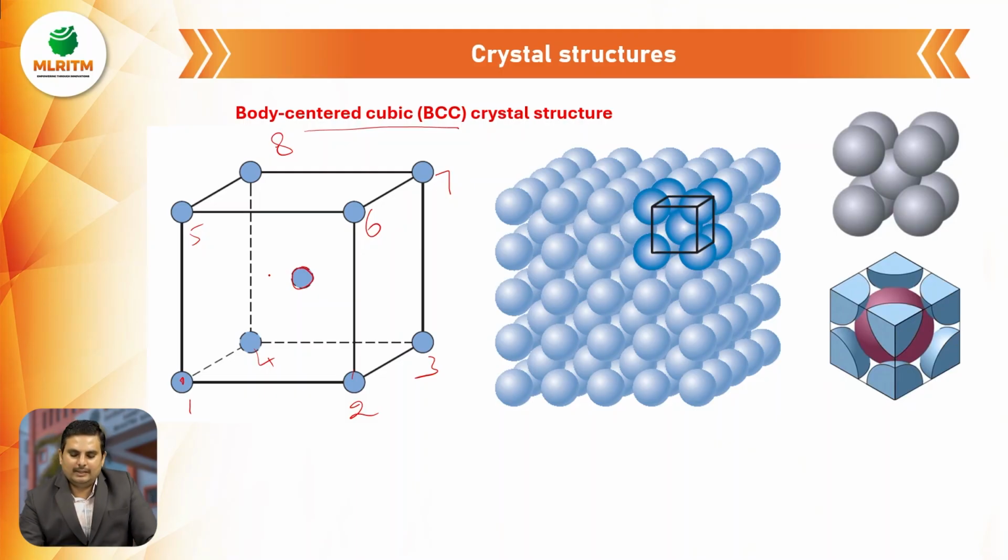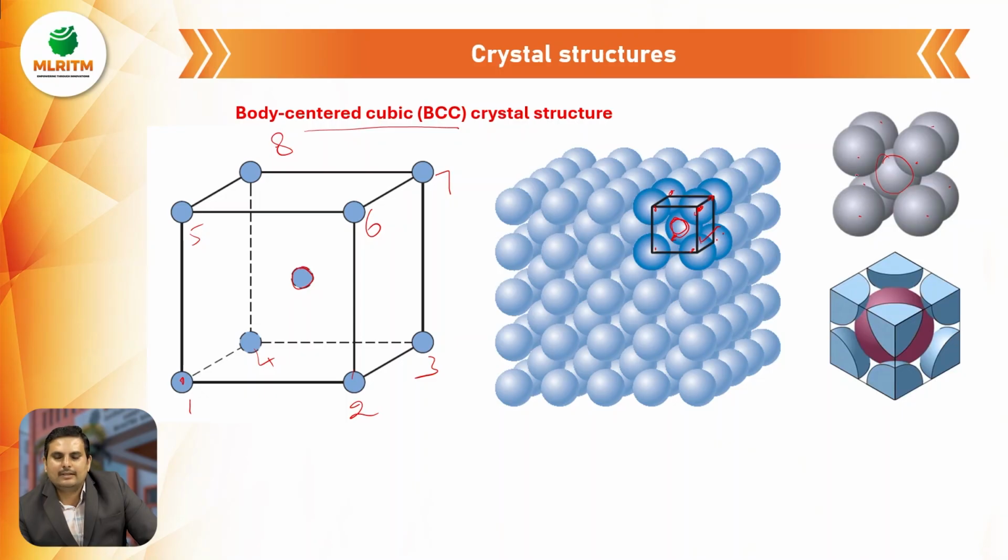If you observe here, 1, 2, 3, 4 is represented, but the 4th we cannot see because it is on the back side. 5, 6, 7, 8, 8 atoms are there. And in the middle we have another atom, that is a single atom.